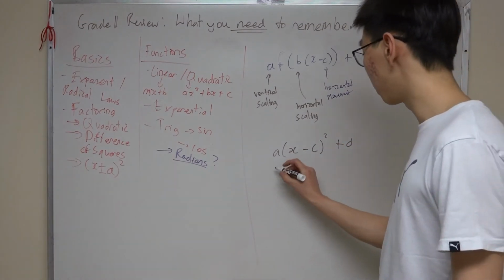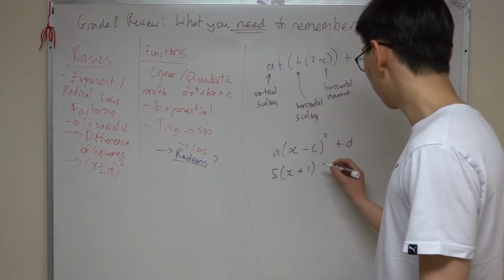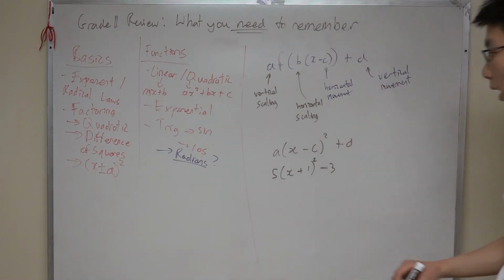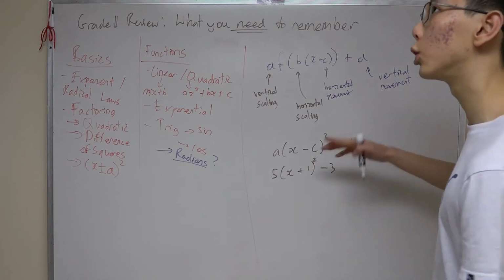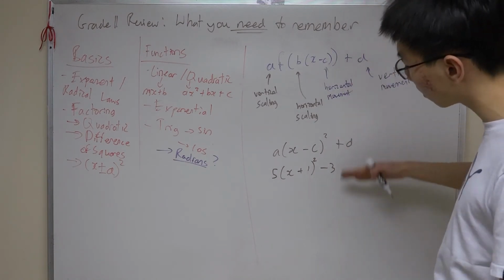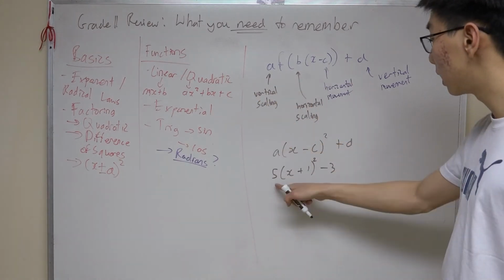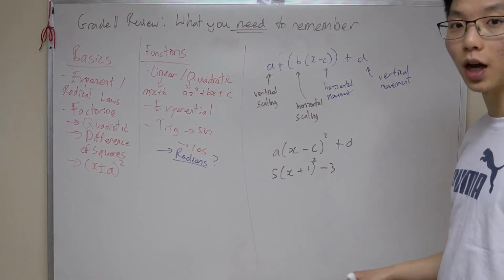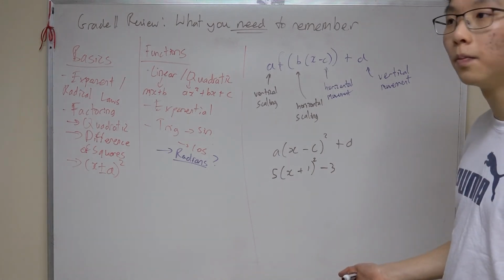So for example, you might have 5 times (x plus 1) minus 3 squared. And then you should be able to tell me, okay, this thing will move the quadratic down 3. This will move it to the left by 1 unit. This will stretch everything by a factor of 5.